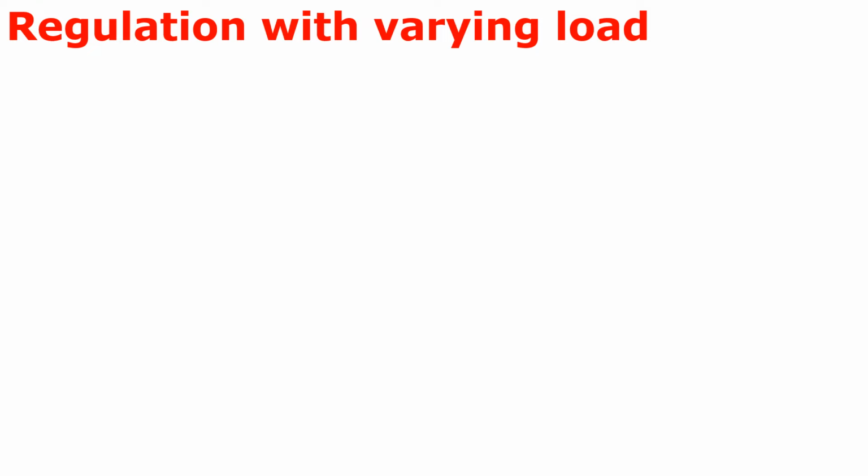Most of the problems are based on two cases. They may ask to regulate the voltage with varying load, and regulate the voltage with varying input. Let me tell you how to analyze the circuitry for regulation with varying load.